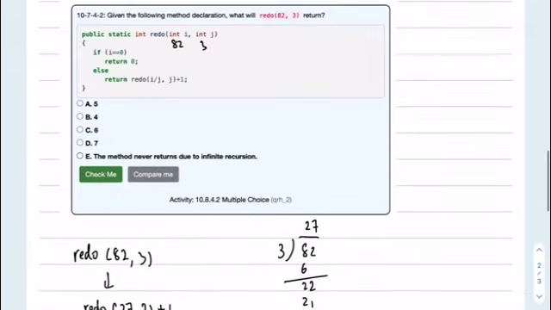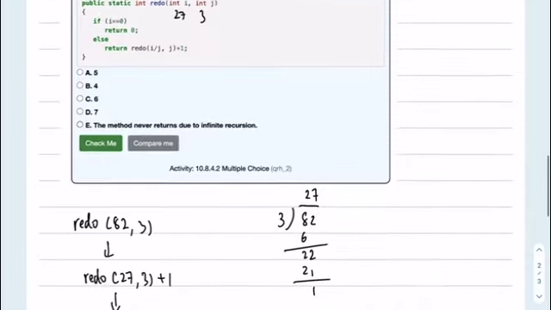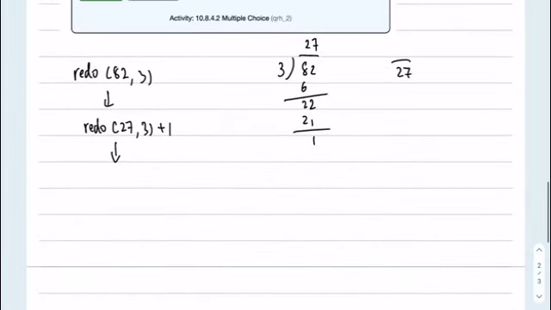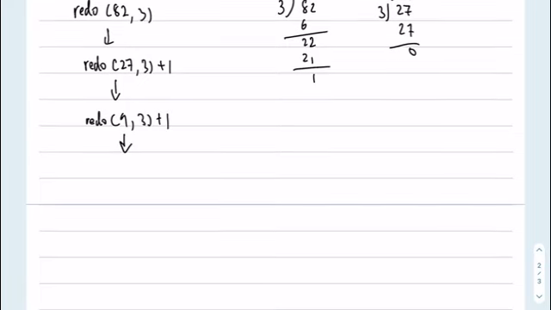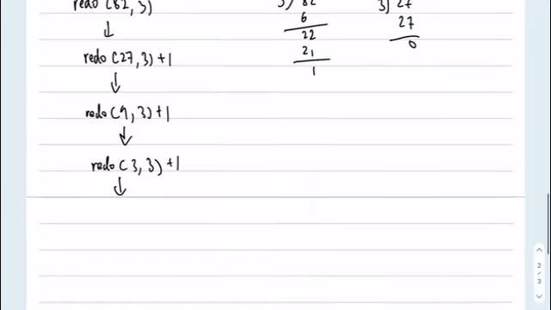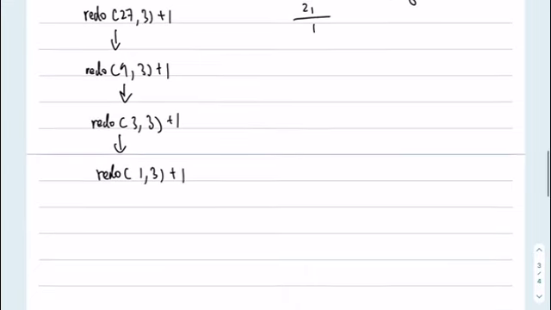And this same method we ran again, and 27, 3. And since 27 is not equal to 0, the same method will be ran again, where 27 is divided by 3, so it'll be 9. And since redo 9, 3, and 9 is not equal to 0, the same method will be ran again, where redo 3 is ran, and plus 1, and since 3 is not equal to 0, redo 1, 3 is ran again with plus 1.